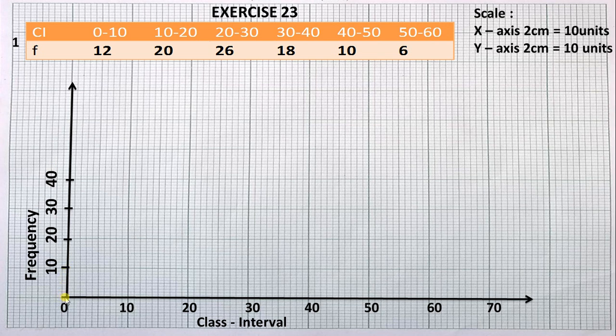Because if you start counting from 0, in this box we have 10 lines. So if the y-axis scale is 2 centimeter equal to 10 units, it is very easy to count. Each line will be one preceding or succeeding number. After 0, it is 1, 2, 3, 4, 5, 6, 7, 8, 9, 10. Similarly, if I want 25, after 20, the next 5 lines can be counted for 25.